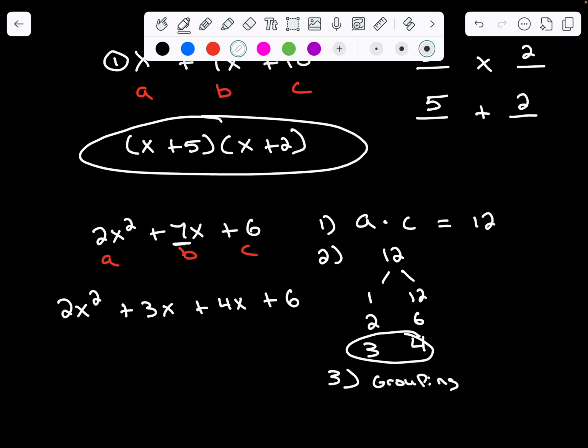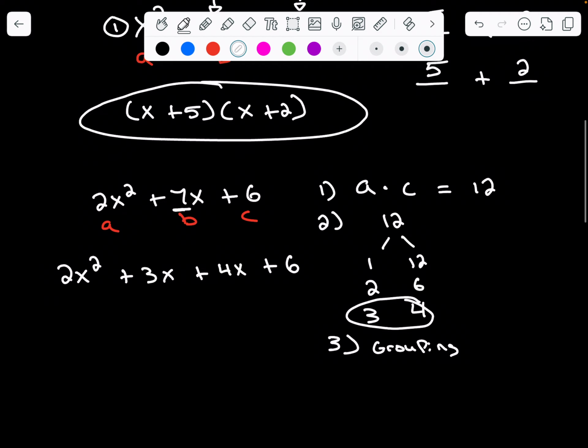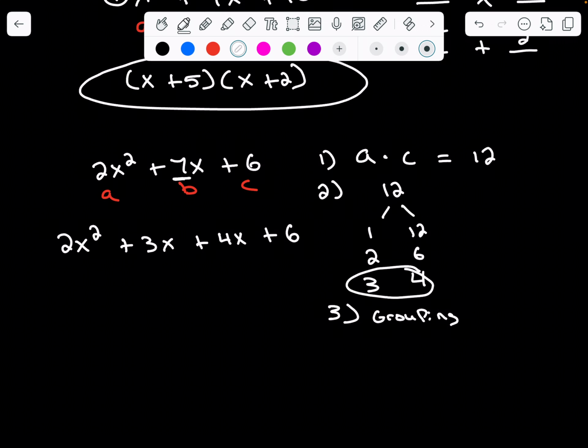And if you're not familiar with factor by grouping, I'm going to go through this fairly fast. I do have a dedicated video on this in my video playlist, so you can go back and check that out. So factor by grouping, we're going to take this, break this into two terms. We're going to ask ourselves, what is the greatest factor that goes into both of those?